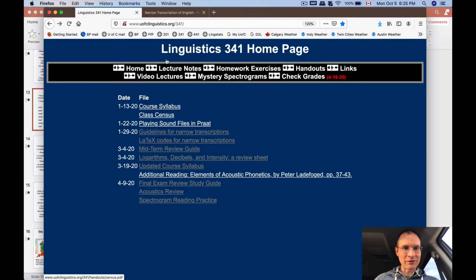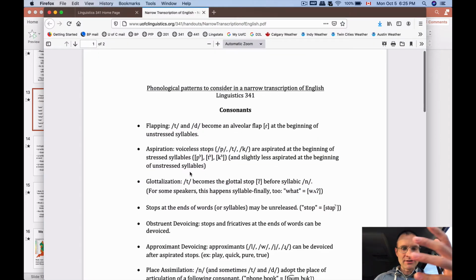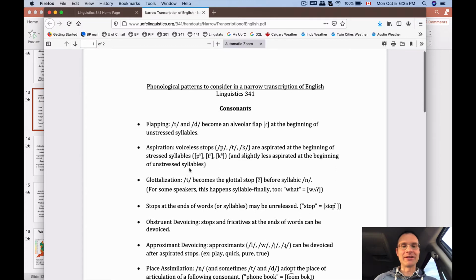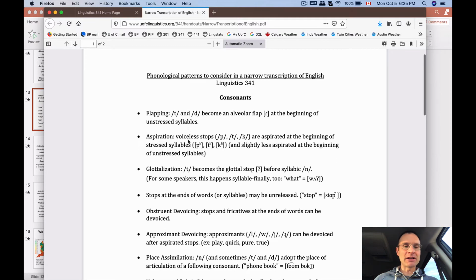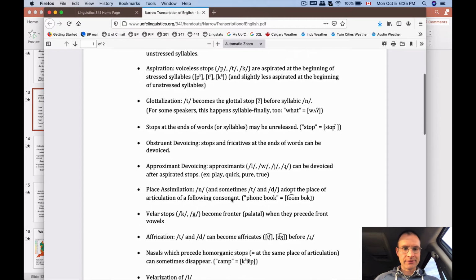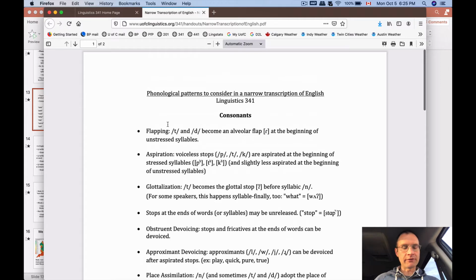The guidelines for narrow transcriptions is a basic PDF handout that I normally hand out in class, but this is the digital form of it, and it tells you about some of these various patterns that you might expect to find. We've talked about a few of these already, like the flapping rule for the alveolar flap at the beginning of unstressed syllables in English.